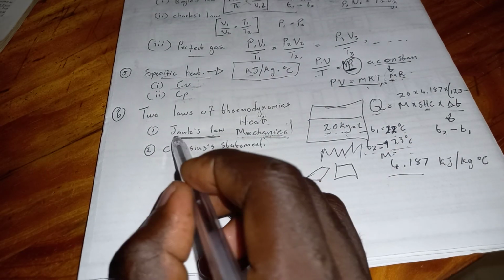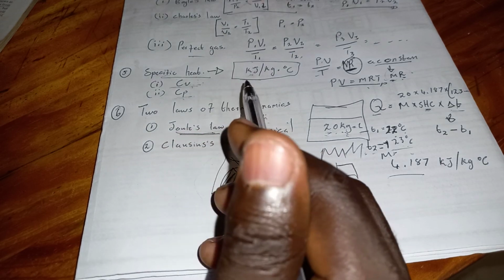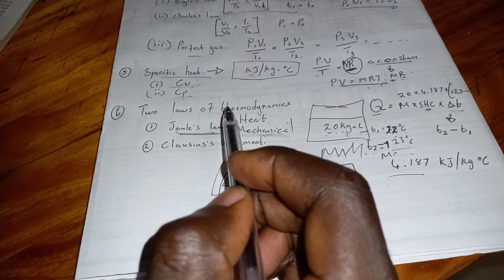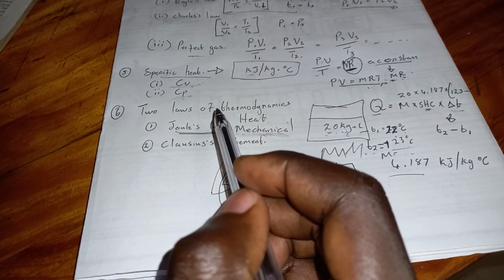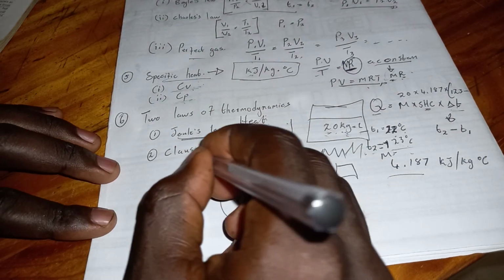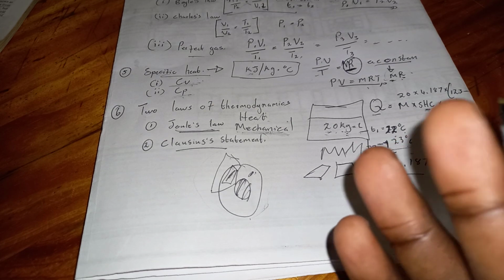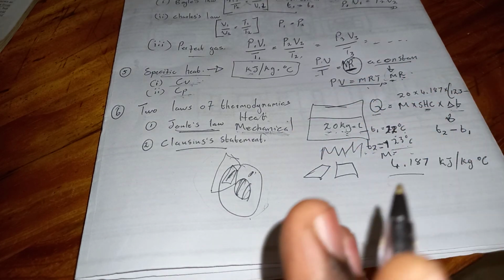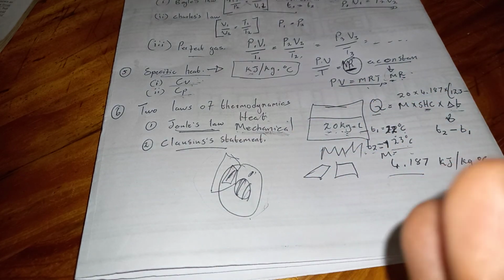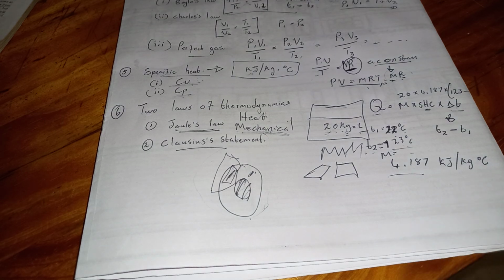That's what Joule's law states: the mechanical energy and the heat energy are mutually convertible. We know what mutual is. Mutual means something that has two sides, beneficial, right?